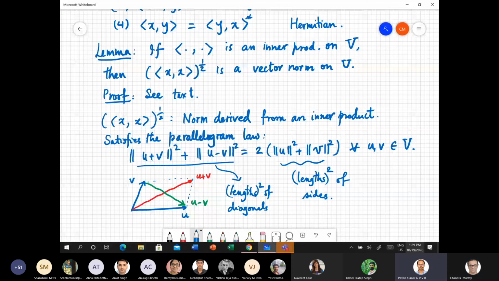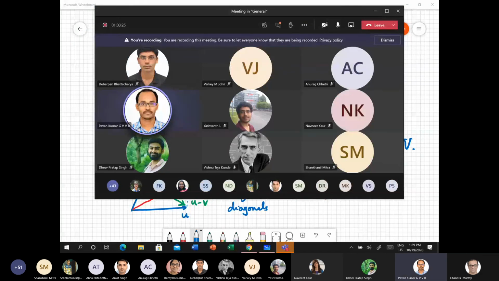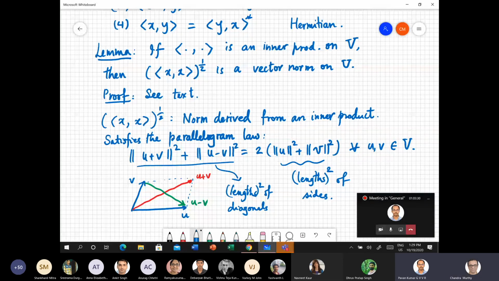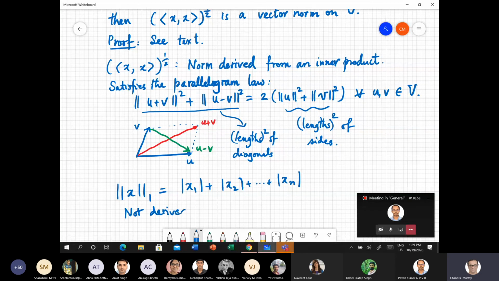Sir, does this relation between vector norm and inner product hold for any norm? I mean, we have defined one norm, two norm previously. So some of those norms are derived from inner products. In fact, in the next class, we will see that if I define the L1 norm, this is not derived from an inner product.